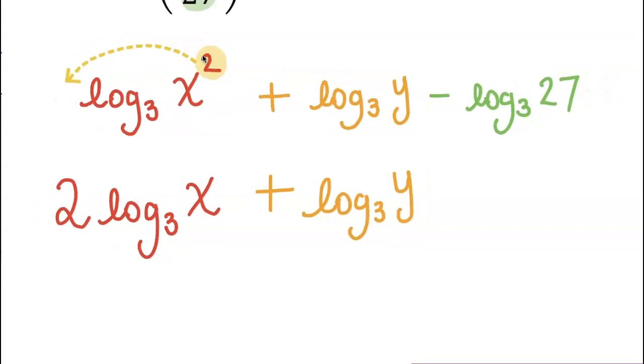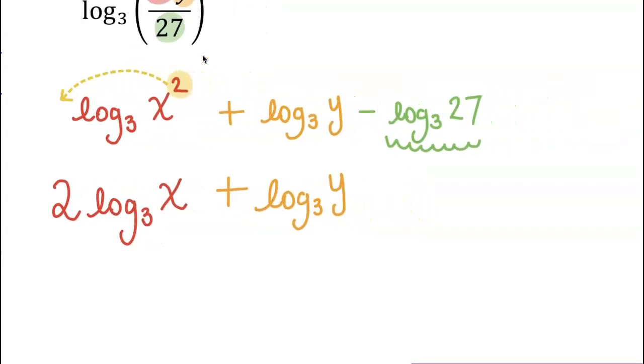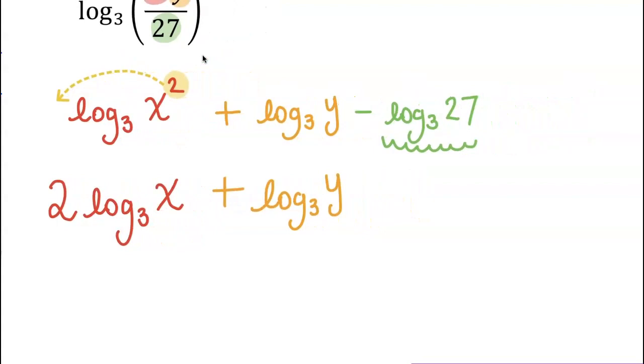Now, look at the very last one, okay? This can be evaluated. What they are asking for log base 3 of 27 is this: 3 to the what power equals 27? And you see 3 to the third power is equal to 27, right?